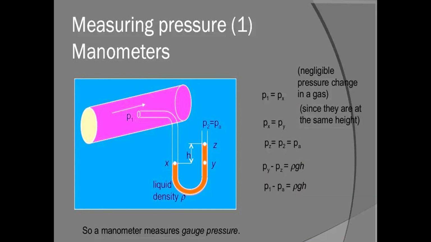From this, we can derive P1 minus Pz is equal to gamma h, or P1 minus Pa is equal to gamma h. So that ends our lecture for the pressure, and we are now ready to have examples.